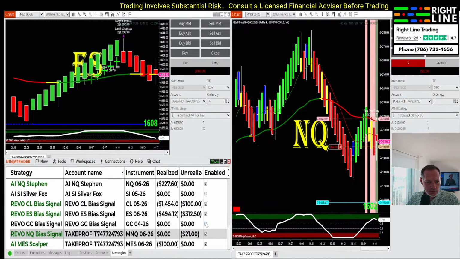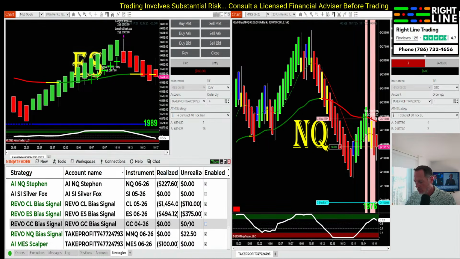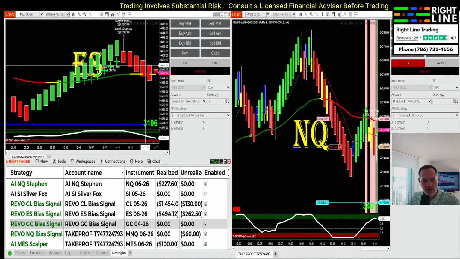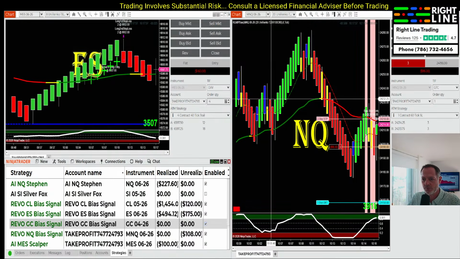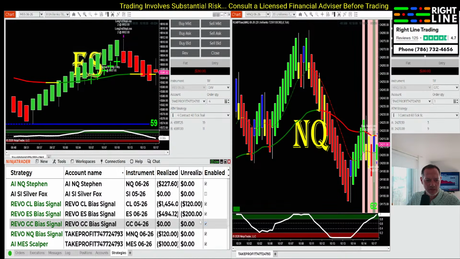Holy moly. NQ's holding the 24,200 pretty tight. This is where price was last night on the ES too, most of the night, right around 6,600. Ooh, boy, I'm taking a couple of hits.